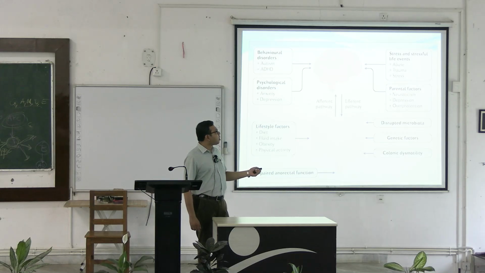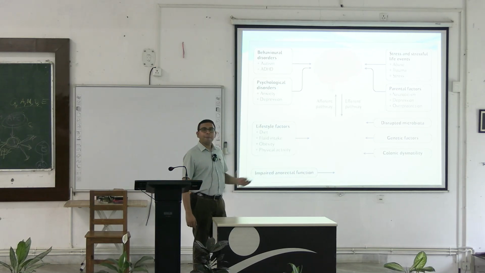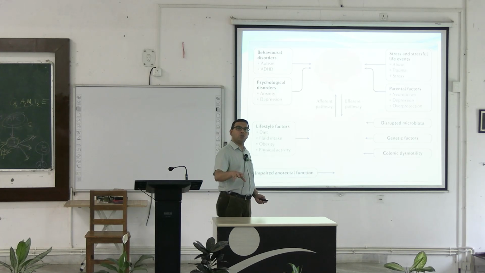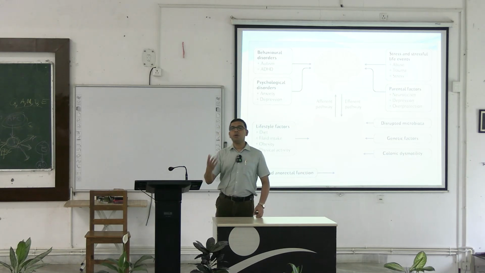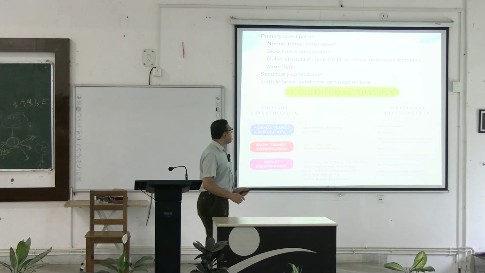Some parental factors like neuroticism, depression, overprotection, disrupted microbiota, genetic factors, colonic dysmotility, all this leads to dyssynergy between the brain and the gut, the neurons in the gut and the brain that control it. That leads to this problem, and this problem is more seen in elderly persons. It is more seen in females rather than males.